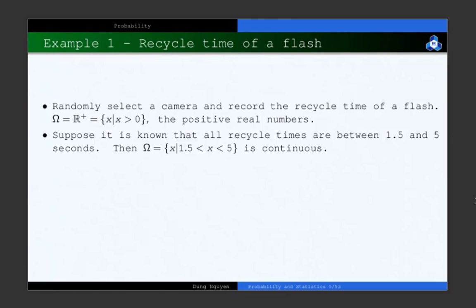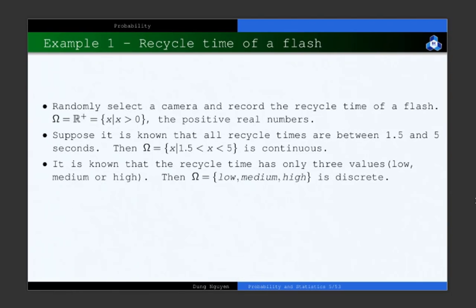Now, suppose that all the recycle times are between 1.5 and 5 seconds, then the set (1.5, 5) is continuous, and that is the sample space. Now, if you categorize the recycle time into 3 possible values, low, medium, or high, then the set {low, medium, high} is called the sample space of the experiment, and it is discrete because it contains only 3 elements.